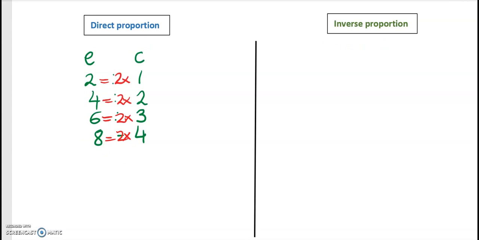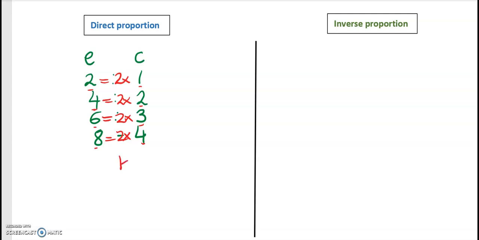So despite the number of cakes changing, and so the number of eggs that you're going to need, 2 is not changing, as you can see. So that is a constant value, a value that is not changing.